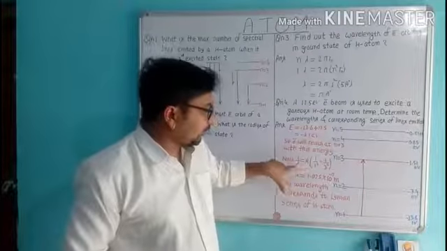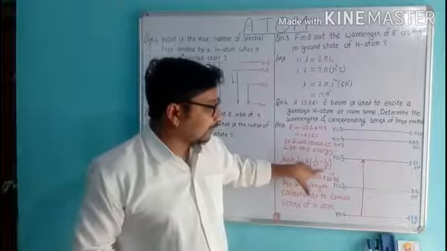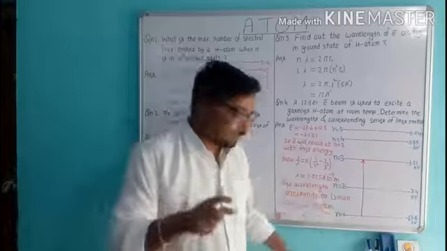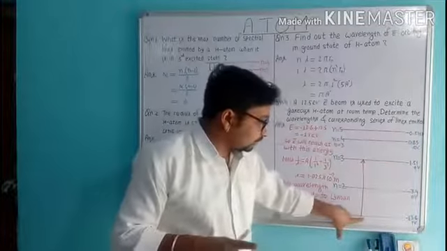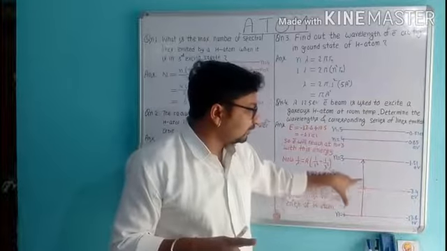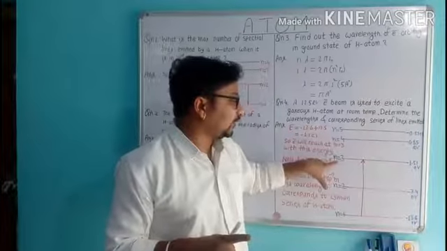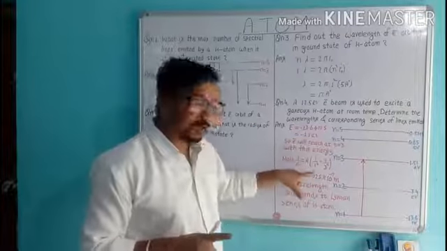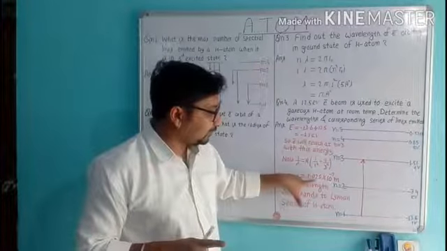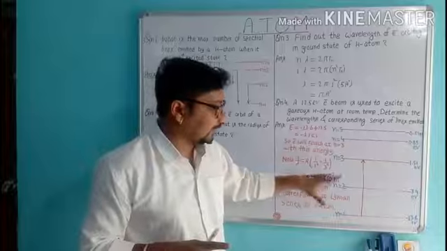The electron reaches from the ground state to the second excited state, that is n is equal to 3. After the calculation, we get lambda is equal to 1.025 into 10 to the power minus 7 meter.